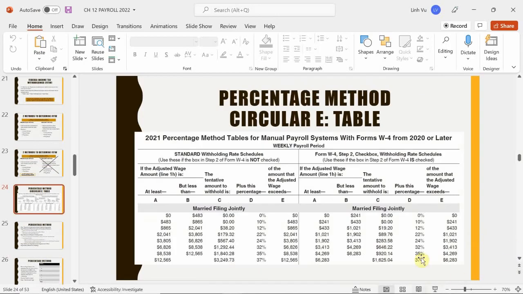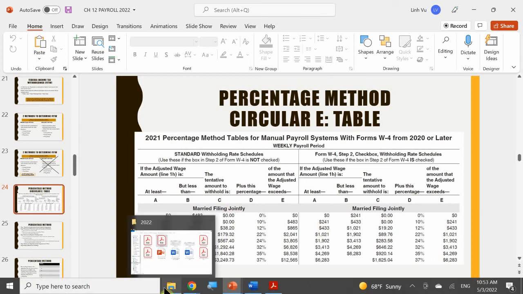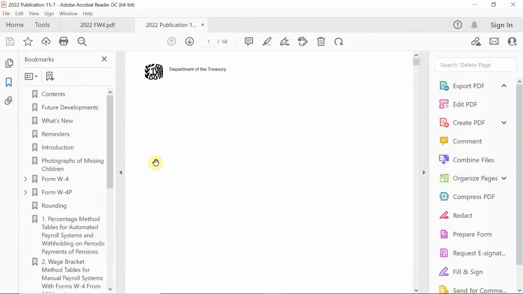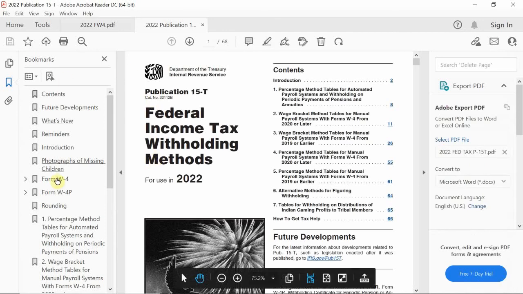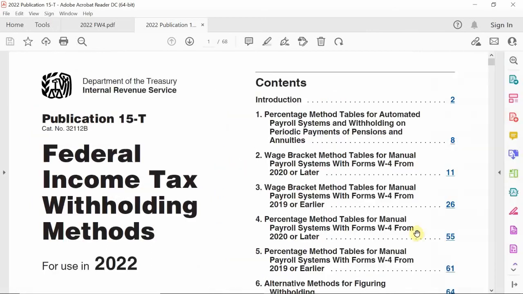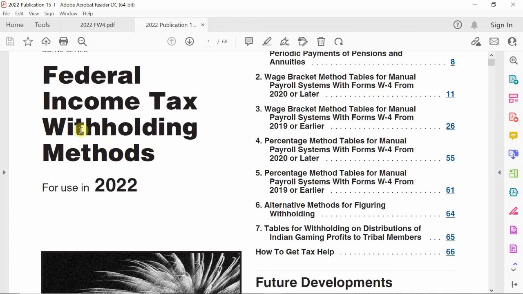But if you actually go to irs.gov, I've also uploaded it here on the Google Classroom. It's a bunch of tax tables for you to be able to calculate your payroll taxes. Now here, federal income tax withholdings methods for the tax tables of 2022.